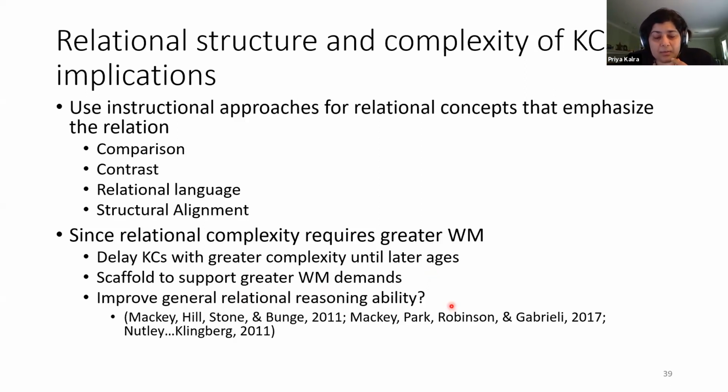And this may be a little more controversial, but if you want to strengthen understanding of relational complexity, can you improve relational reasoning ability in general? We have at least a couple of examples, this one from Klingberg, that maybe you can. So some different ideas here. And this is about just a quantitative sense of relational complexity.